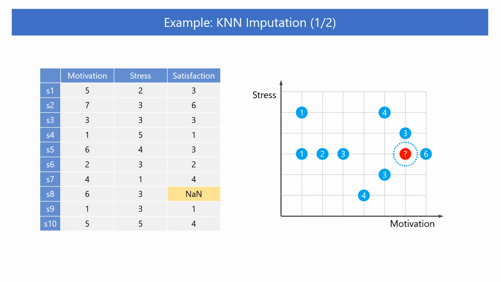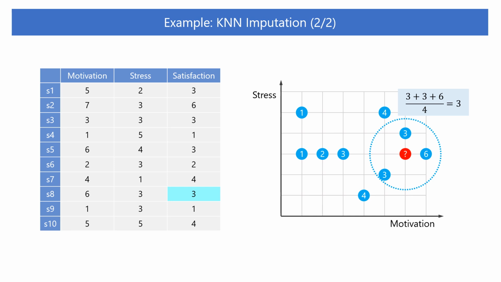We can identify these closest data points by gradually enlarging the circle centered on the red data point. These 3 points are the nearest points. Then, average the job satisfaction of these 3 nearest points. This average value is the estimated value for the missing data.